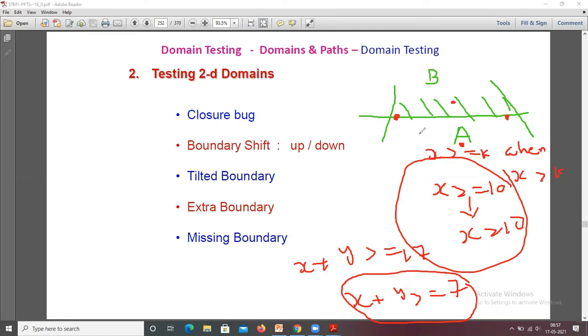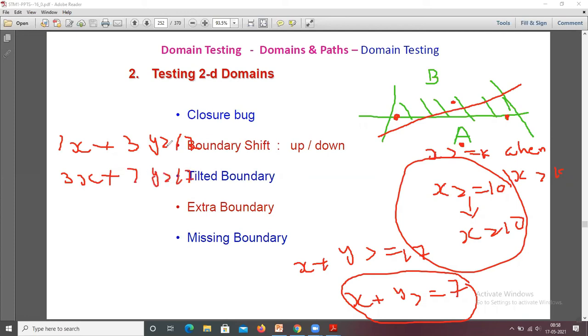The next one is the tilted boundary. A tilted boundary occurs when coefficients in the boundary inequalities are wrong. For example, 7x plus 3y greater than 17 is our intention, but we write 3x plus 7y greater than 17.